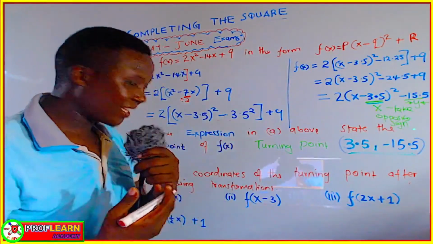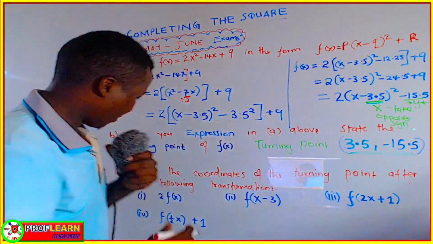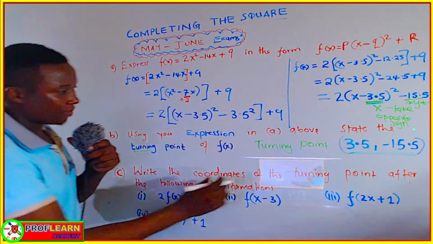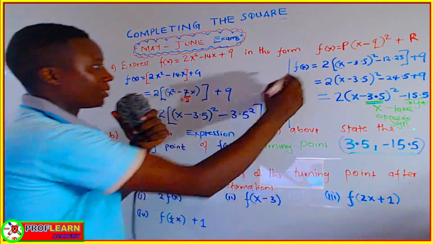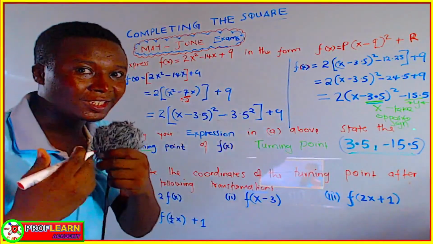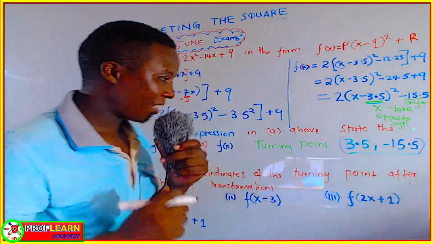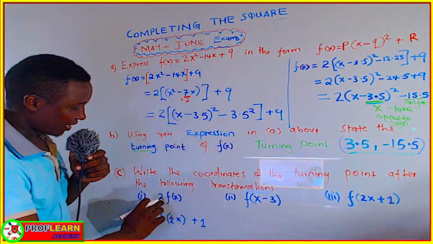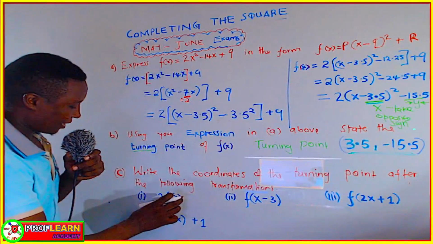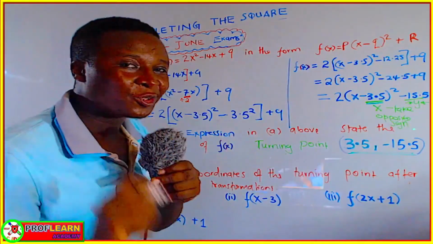Whenever you are working out a transformation that is outside the bracket, the bracket of the function, it means only the y values are going to be affected. So the y values of this turning point are going to be multiplied by 2. The x coordinates are going to remain the way they are.